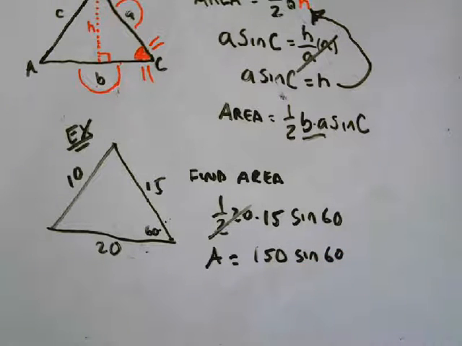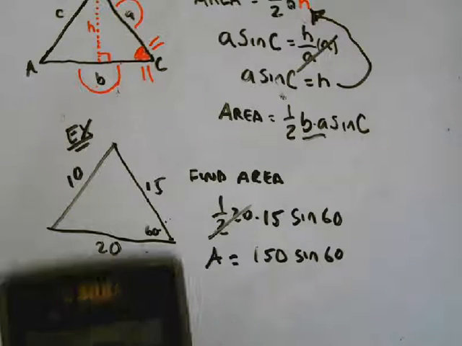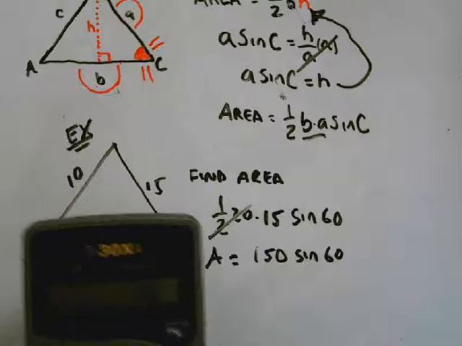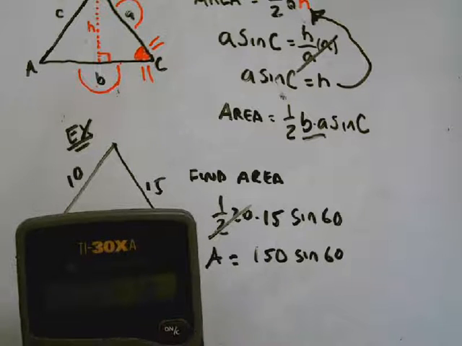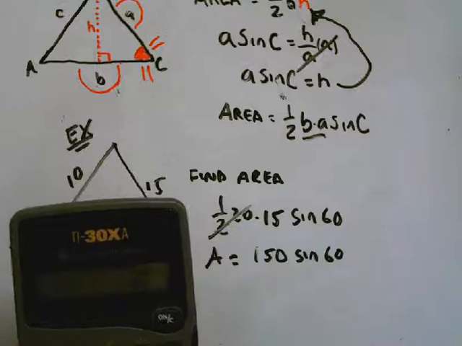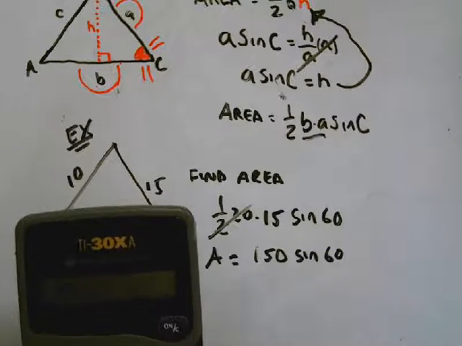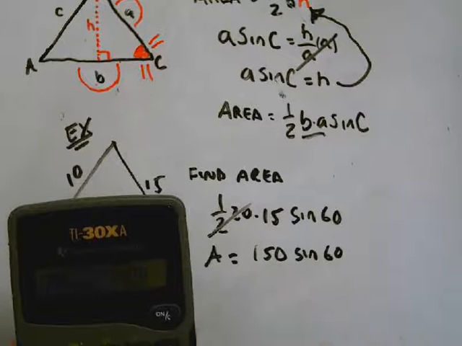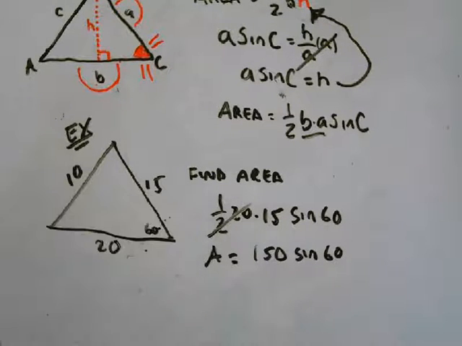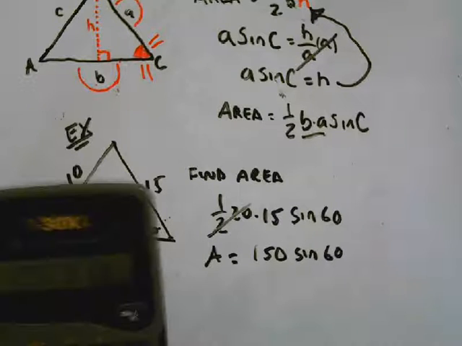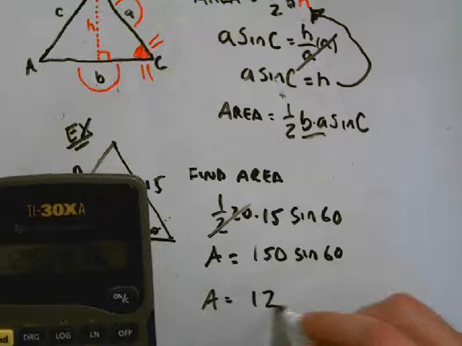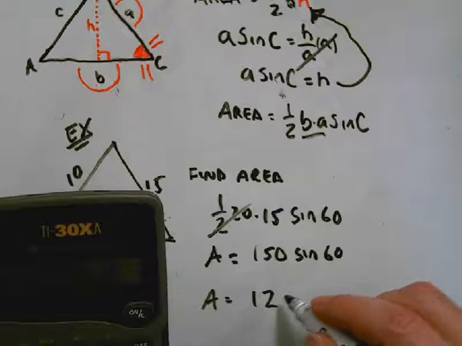Actually, you've got to do the 60 first, then hit sine, and then multiply that times the 150. And you get 129. So this would be the area equals 129.9 units squared.